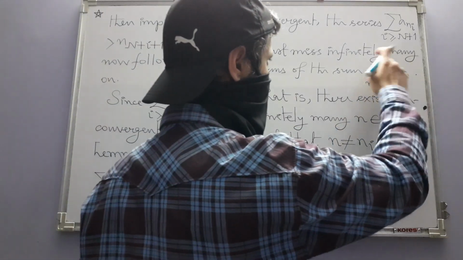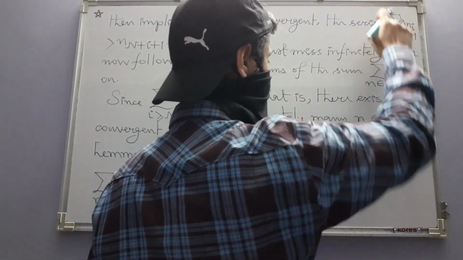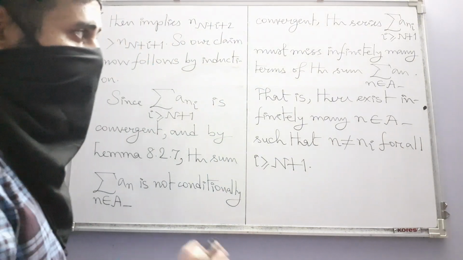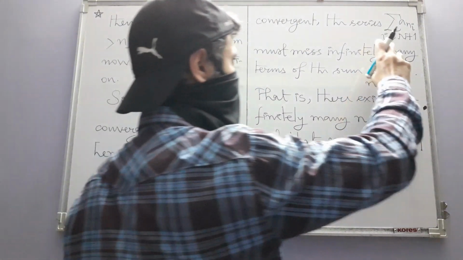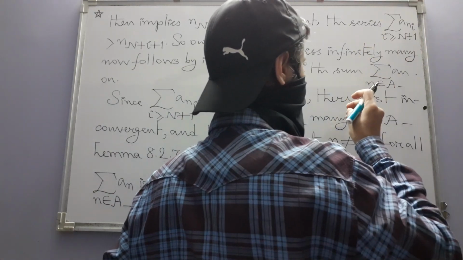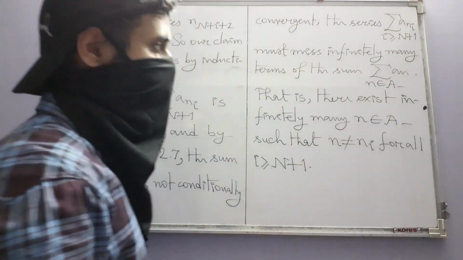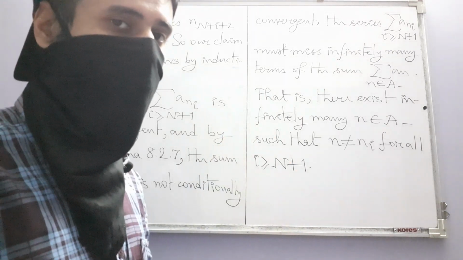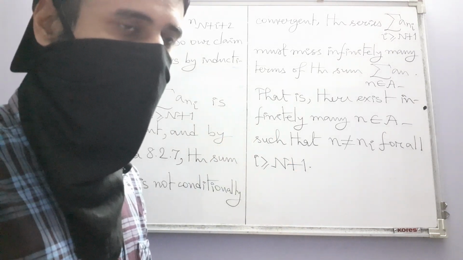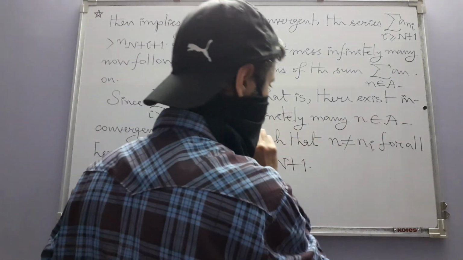So how many a_n can this one miss from here? It has to be infinitely many, because if it is finitely many, then you can simply supply those a_n there, and that resulting series would also be convergent because finitely many. So that is why this should happen.